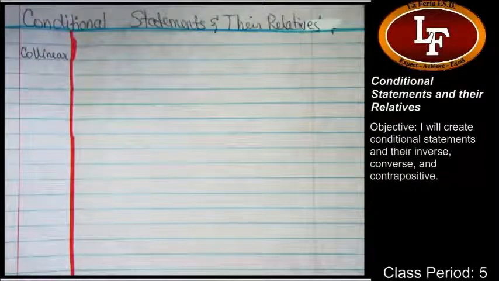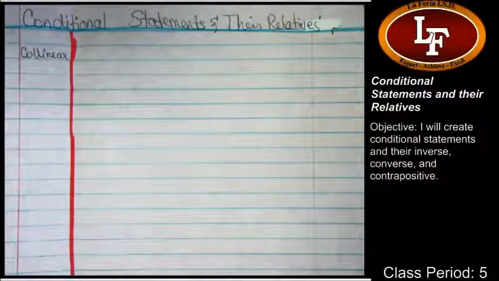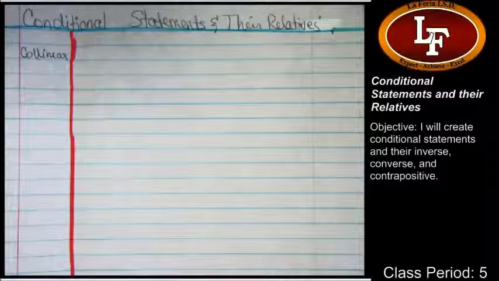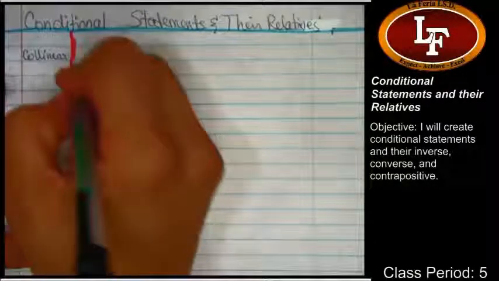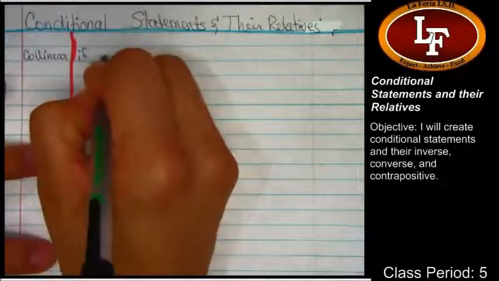Perfect. But how do we write it as an if-then sentence? If all the points are on the line, then they're collinear. If points are on the same line, then they are collinear. So that's what we're going to write. That's our first conditional statement.